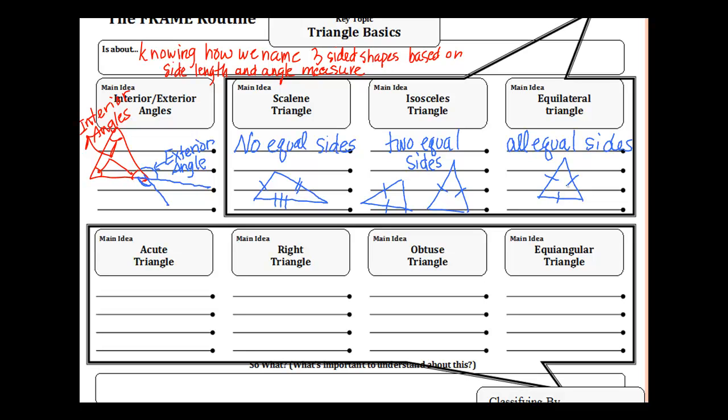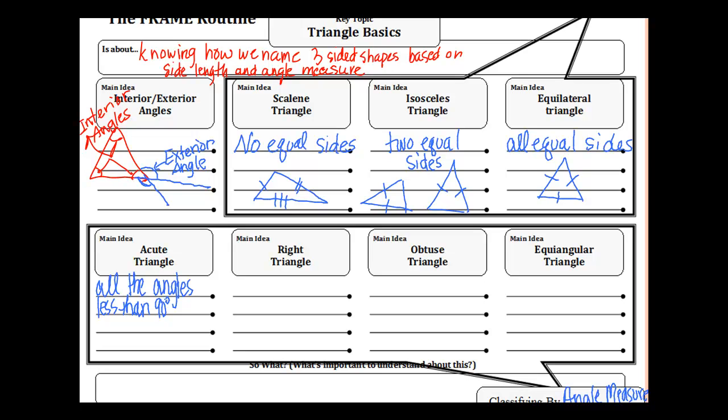Our next way we classify is by angle measure. Acute triangles have all angles less than 90 degrees.